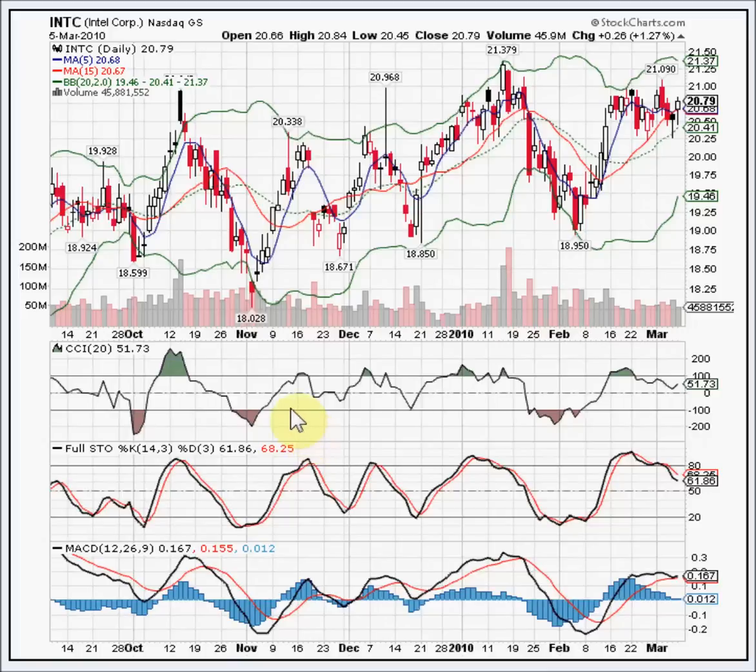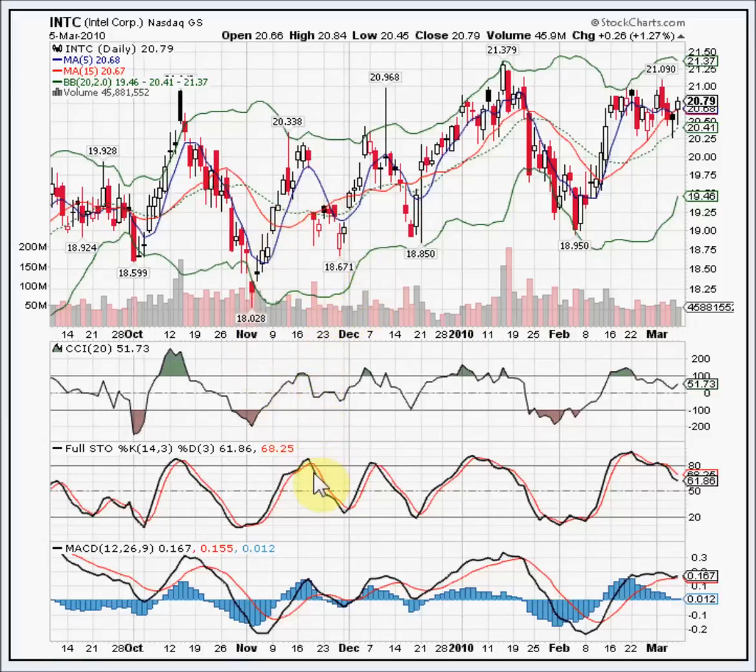The same thing happens with the CCI. When a stock is in an uptrend and it reaches the resistance of the middle Bollinger Band area, sometimes the CCI will turn back at the 0 line. Stochastics will turn back at the 50 line. Now there's no real good examples of this, but I have some other charts I'll show you later that clearly show that you could actually stay in a trade.